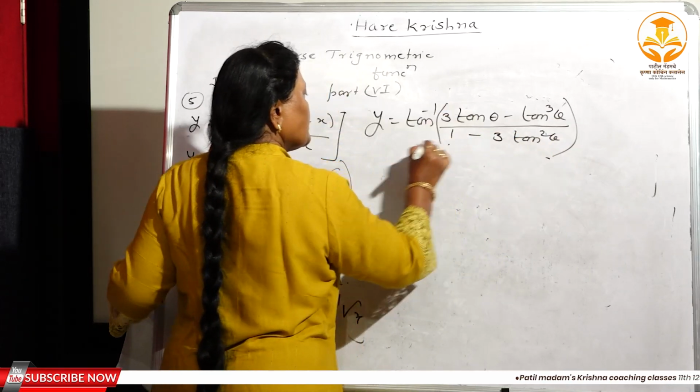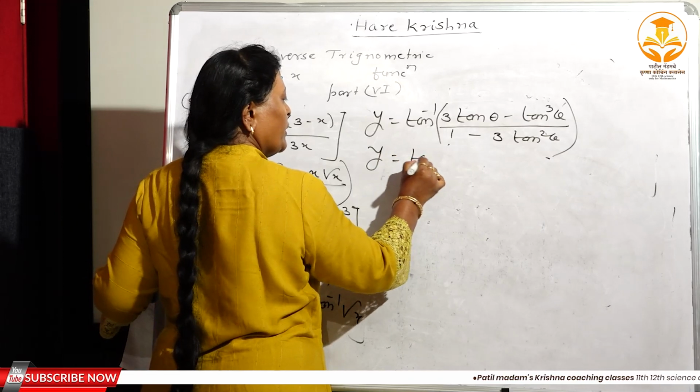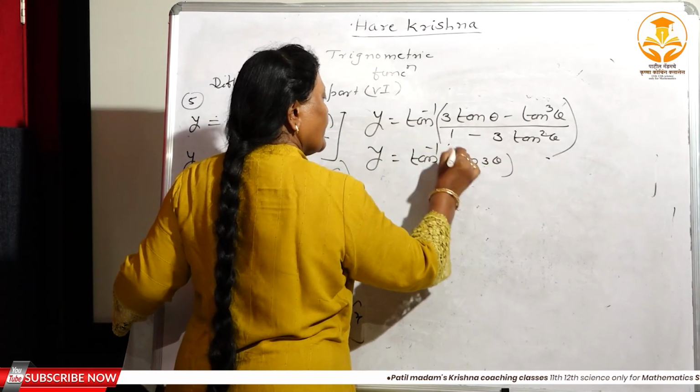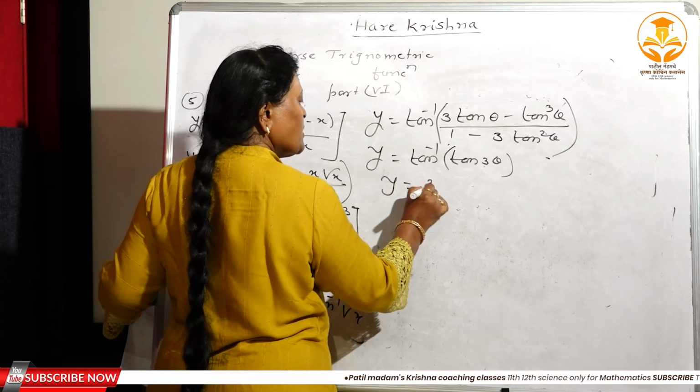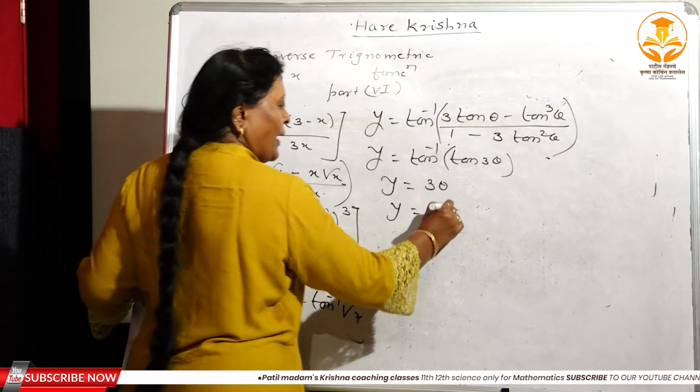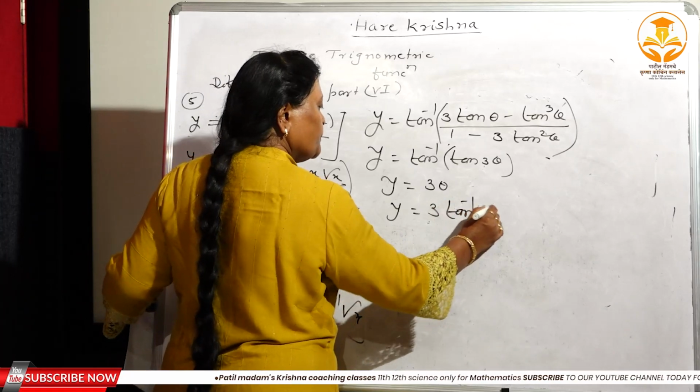Here again, this is the formula of tan 3 theta. Again, tan inverse and tan get cancelled. What remains? 3 theta. y is equal to 3 times theta, what is theta? Tan inverse of root x.